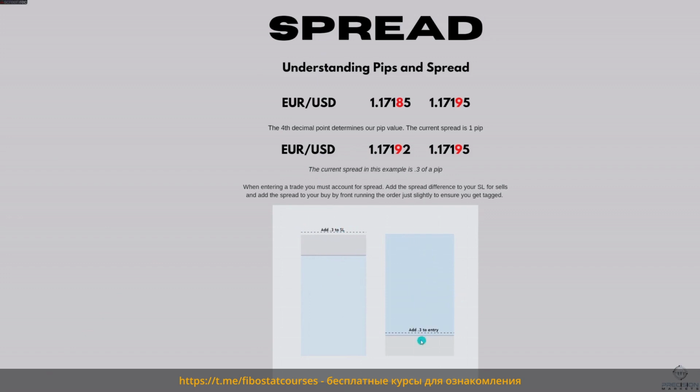When you're buying, you're going to add 0.3 of a pip to your buy. You're going to front run it to make sure your order gets tapped. If the spread difference is 0.6 of a pip, you'll front run the buy by 0.6 of a pip and you'll add 0.6 to the stop loss of a sell. It's very important you get this right.